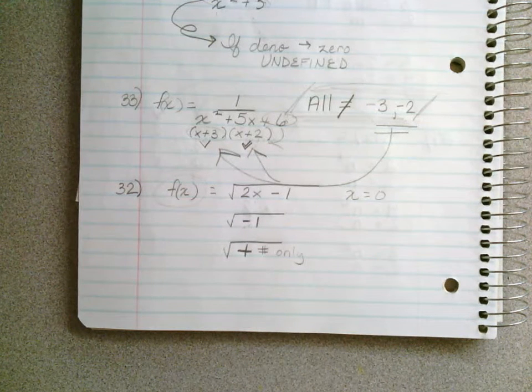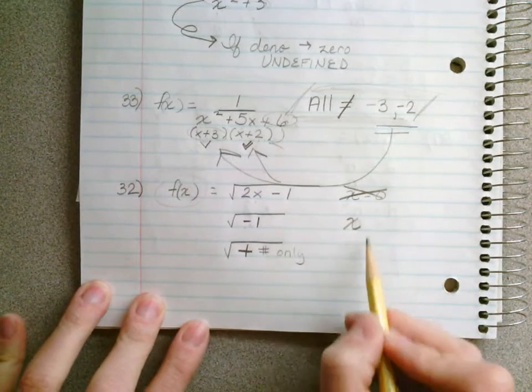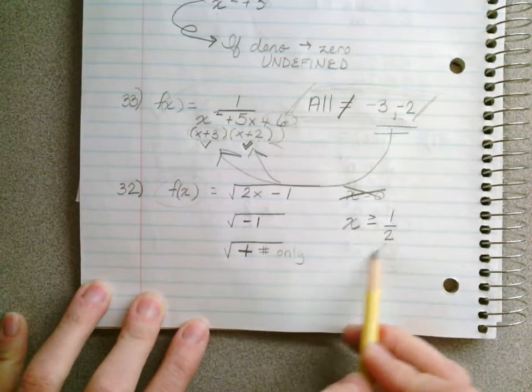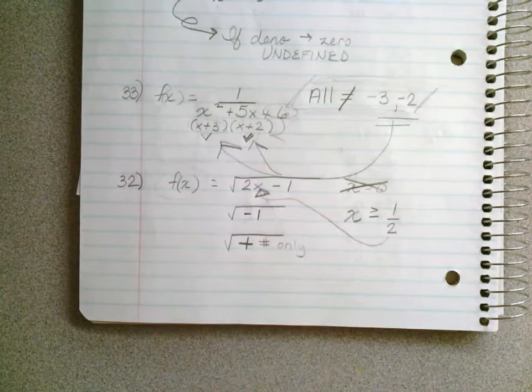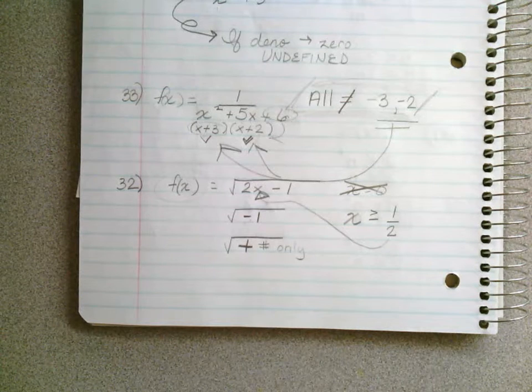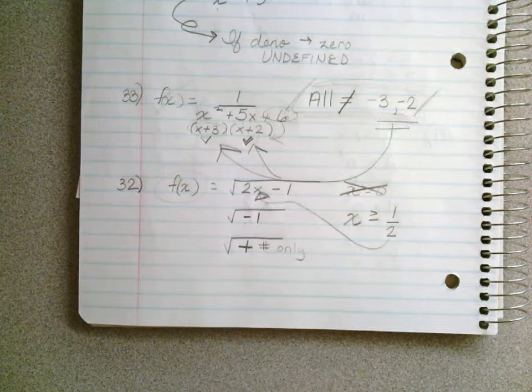Okay? And the only way you can do that is if you select numbers that are greater than or equal to 1/2 for your domain. Every other thing in the universe that is below that will not work. Anything lower than 1/2 will not work, because you cannot have anything below 0. 0 has a square root, 0.